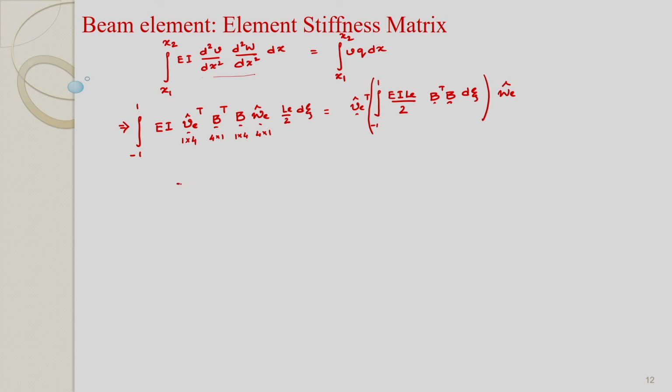Now, we assume for one element Young modulus and moment of inertia are constant throughout the element. So, this is the element stiffness matrix.